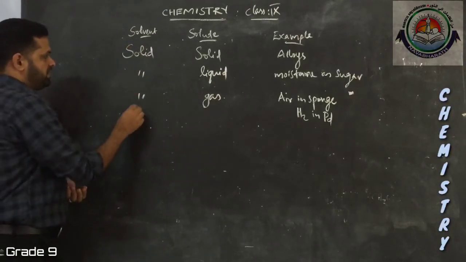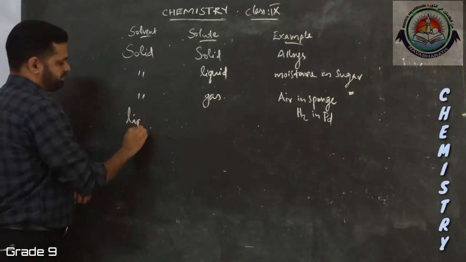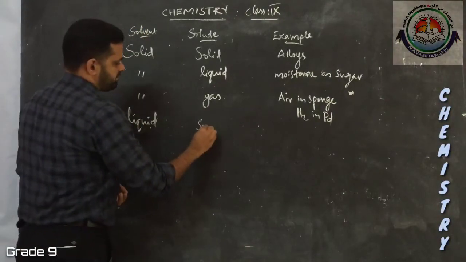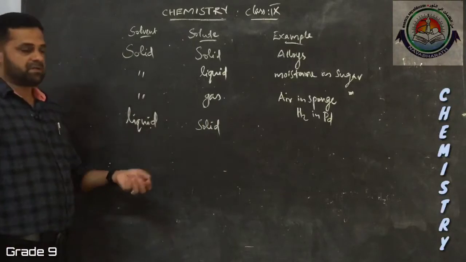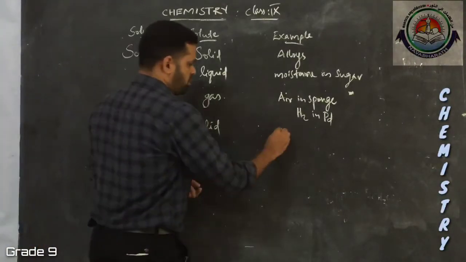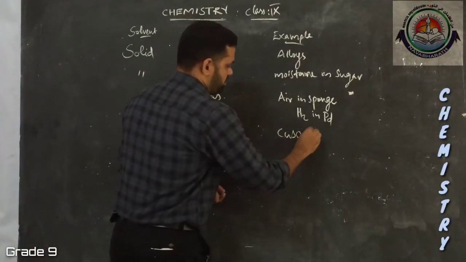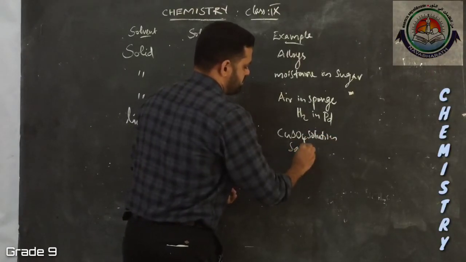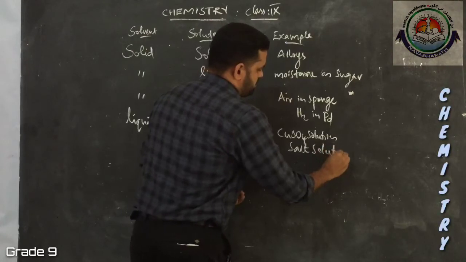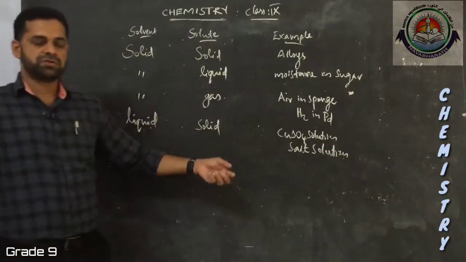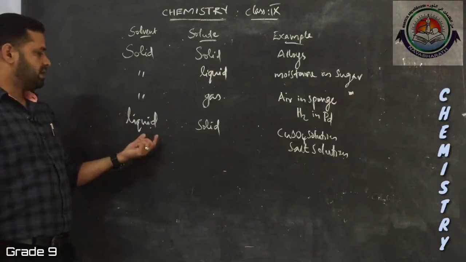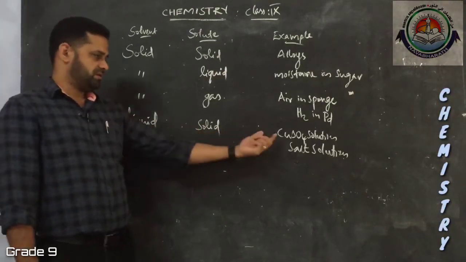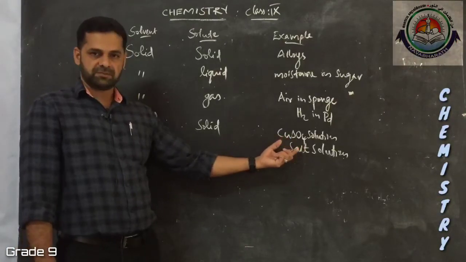Now if the solvent is a liquid and solute is a solid, there are many examples: copper sulfate solution, salt solution, sugar solution, etc. All these are examples where the solvent is liquid, because water is present in more quantity, and the solid is present in lesser quantity.